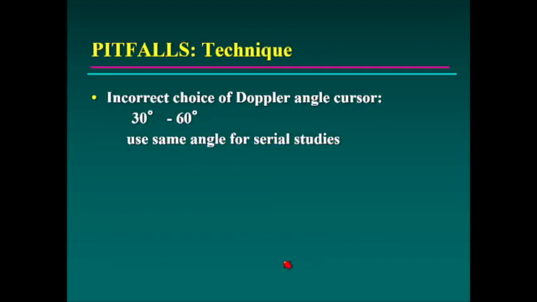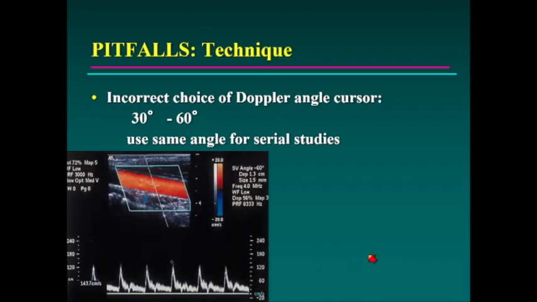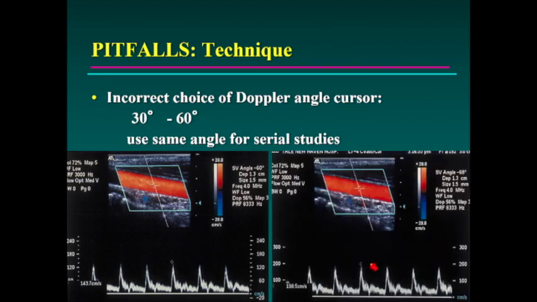Anybody who does Doppler knows the importance of setting the Doppler angle correctly and how much that can change things. You may not be aware of just the magnitude of the change that even a relatively minor Doppler angle difference can make. Here's the Doppler angle appropriately set, and I'm getting a measurement of 144 centimeters per second.